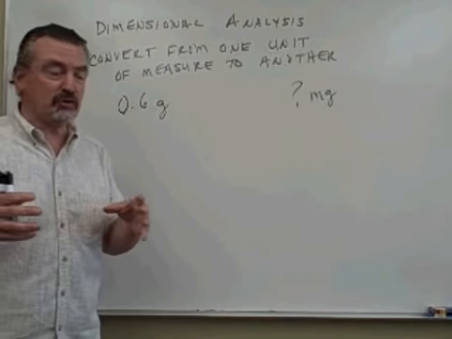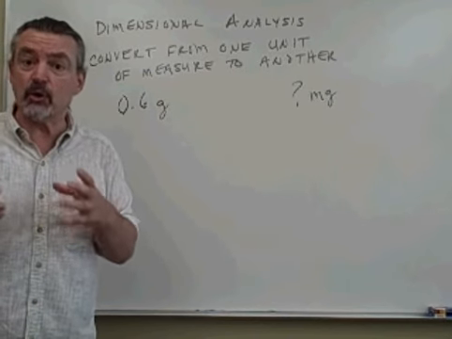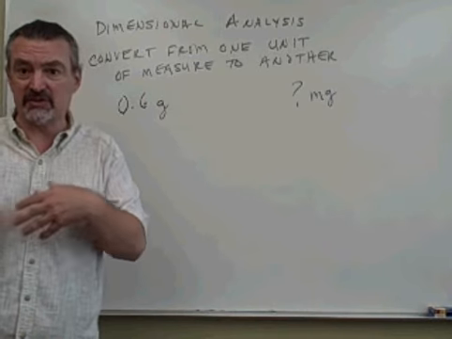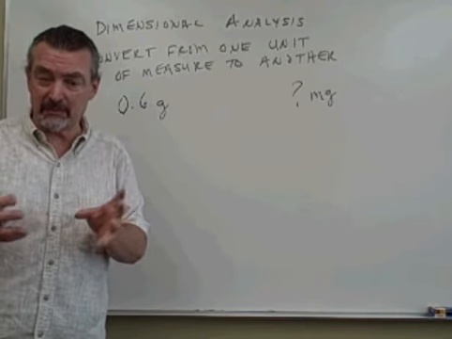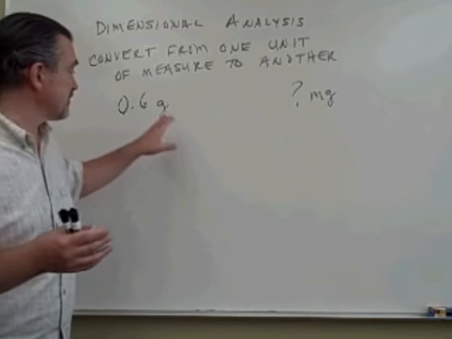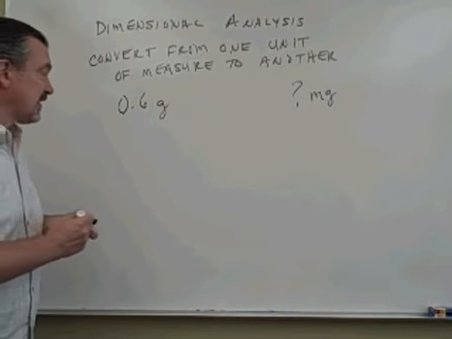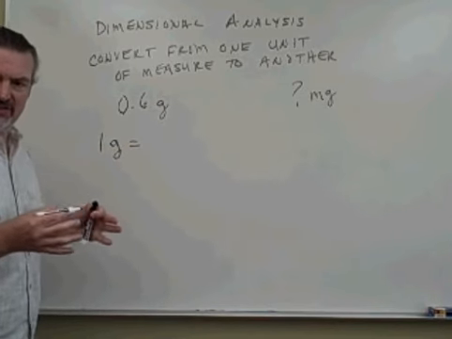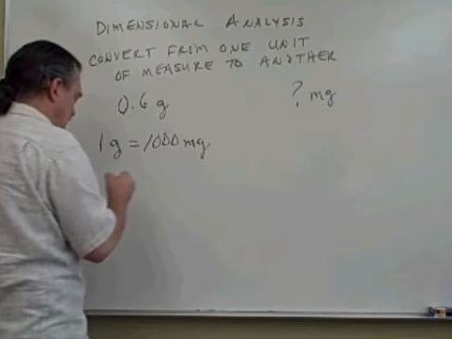In order to use this process of dimensional analysis, we have to learn equivalences. And your textbook has a number of equivalences, and they've been identified to you as far as what you need to study and memorize. And if we think about the equivalences between grams and milligrams, we see that 1 gram is measuring the same physical amount as 1,000 milligrams.